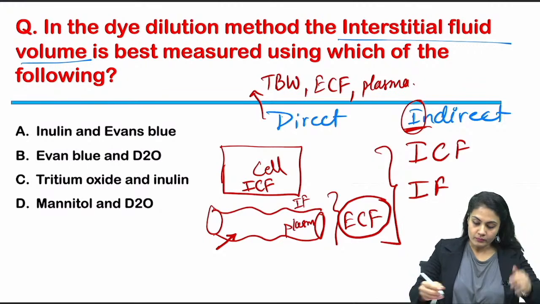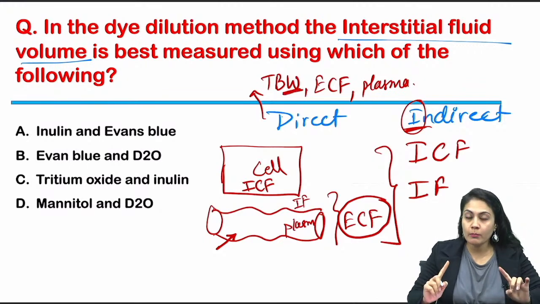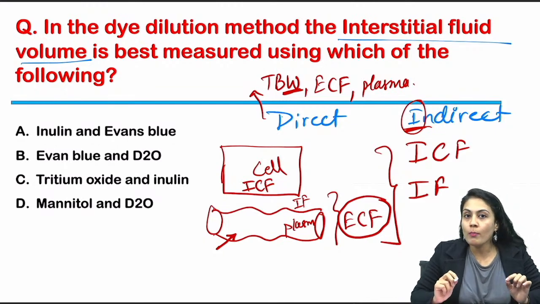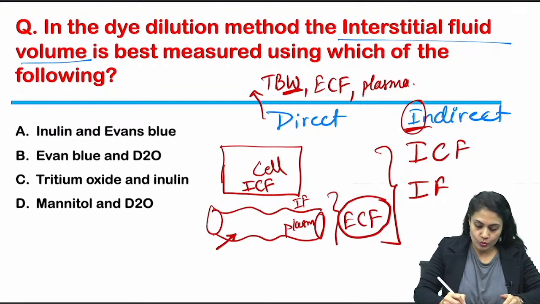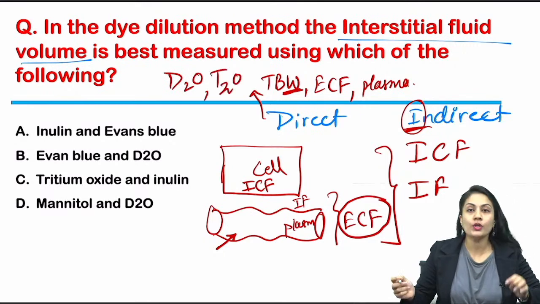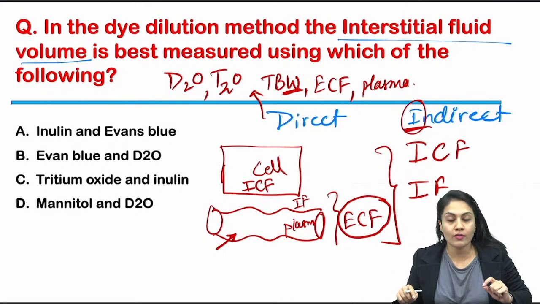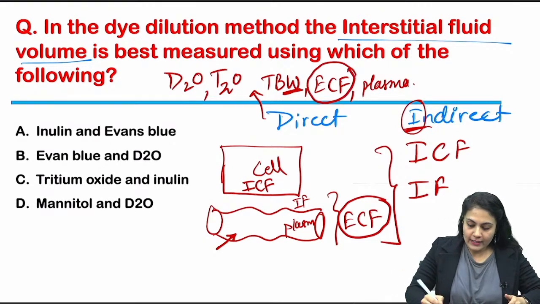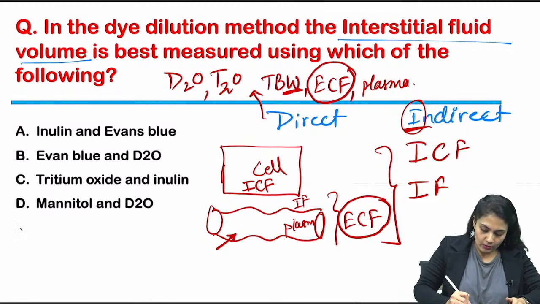Now, water is water. For total body water, what is the formula of water? H2O. So for total body water, we use either deuterium oxide or tritium oxide, and antipyrine. For the ECF, I always tell you, remember the mnemonic SIMON.